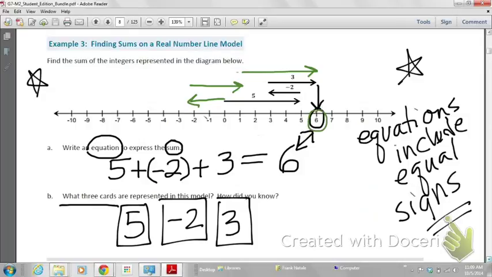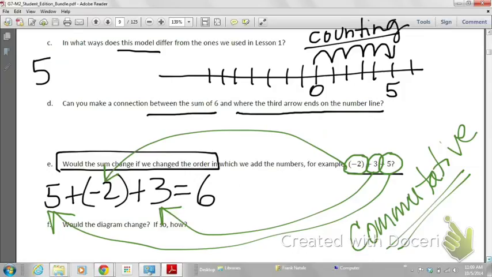Order does not matter, because addition, like its partner, multiplication, is commutative. Order would not change the sum.